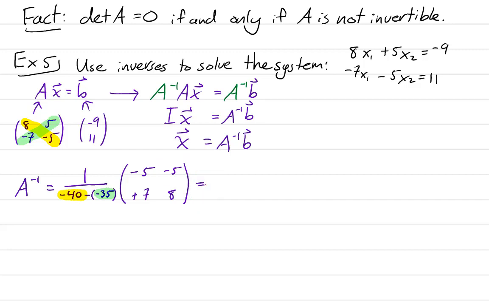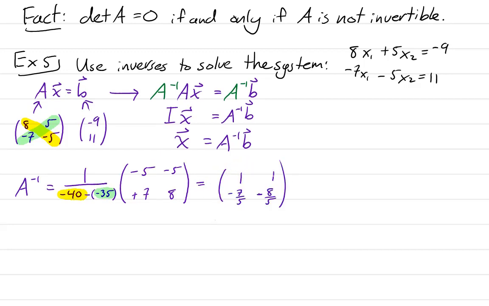Once you simplify this a bit, we get 1 over -5 for that factor on the outside. We're going to multiply that by all the entries here to get A inverse as 1, -7/5, and 1, -8/5 here. So that's that.